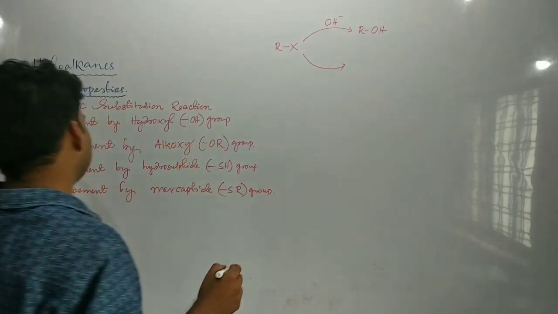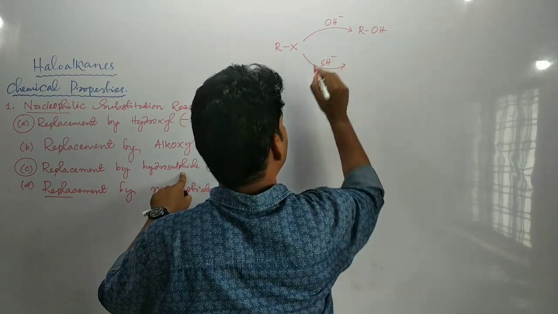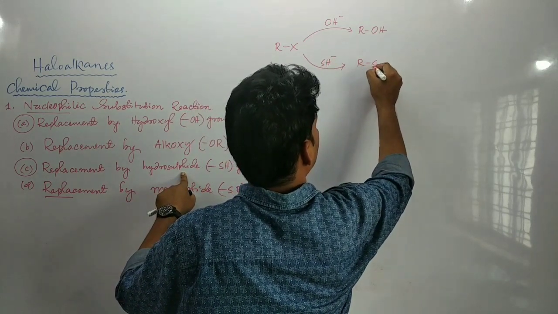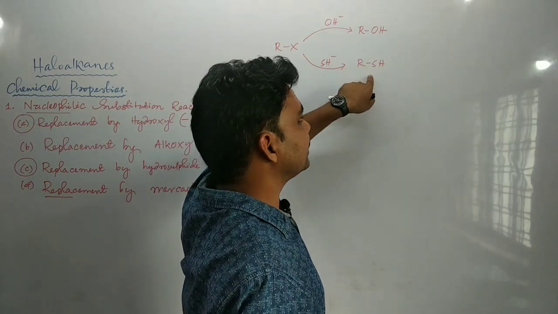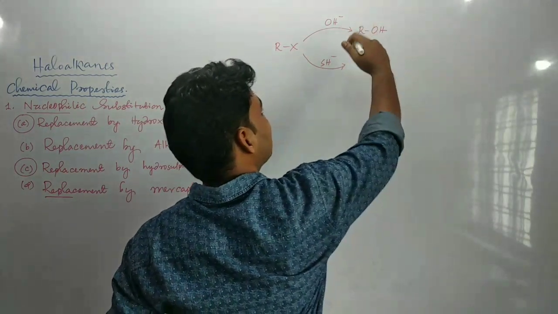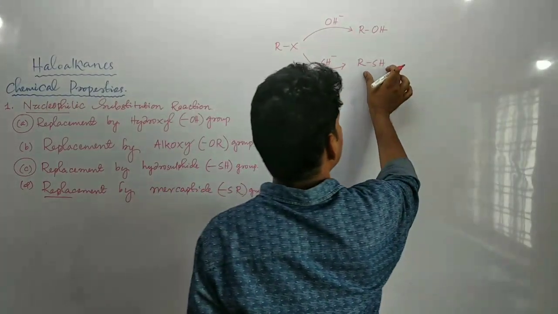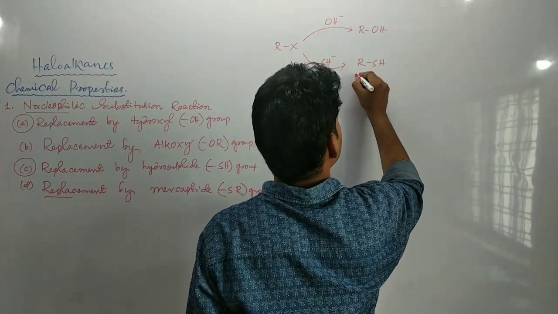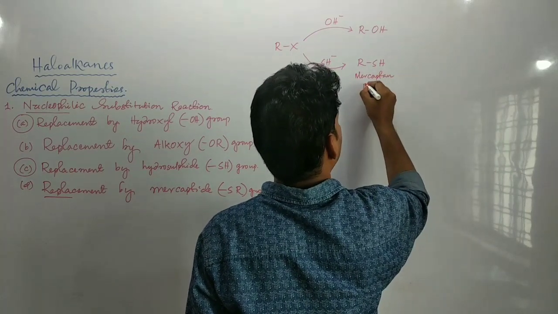And in the third example, replacement by hydrosulfide group, here the nucleophile is SH minus. Then the product is thiol. This was alcohol. This is thiol. Quite similar reaction. In the place of oxygen, only sulfur is there. Okay. Also, it is called mercaptan or thiol.